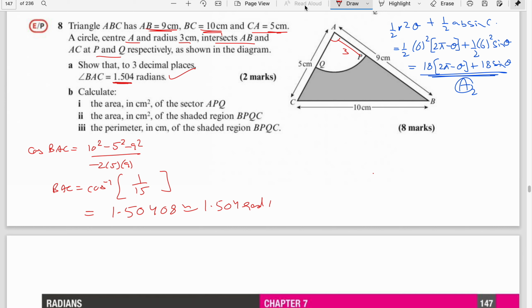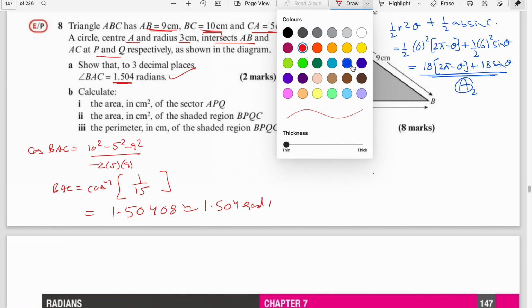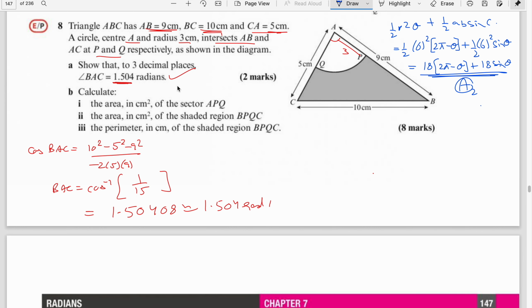Which is 1 by 2 r square theta. We have all the values. This would be 1 by 2 r square, and theta is 1.504, which results in 6.768.